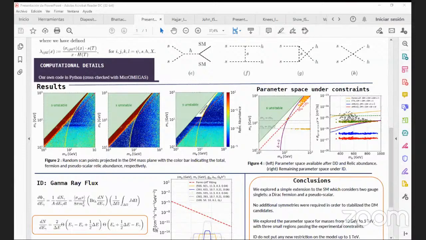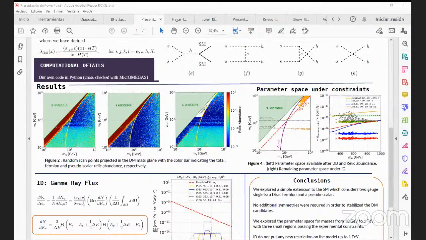But basically, after imposing the correct relic abundance measured by Planck, direct detection, and Higgs to invisible, we found in figure 4 that there are 3 regions allowed by all these constraints, which you can see in the green and orange points.